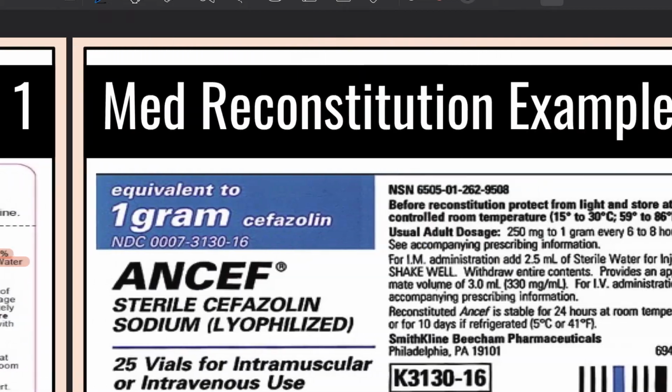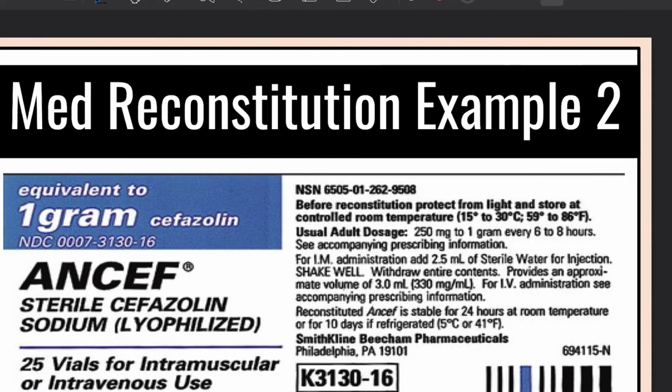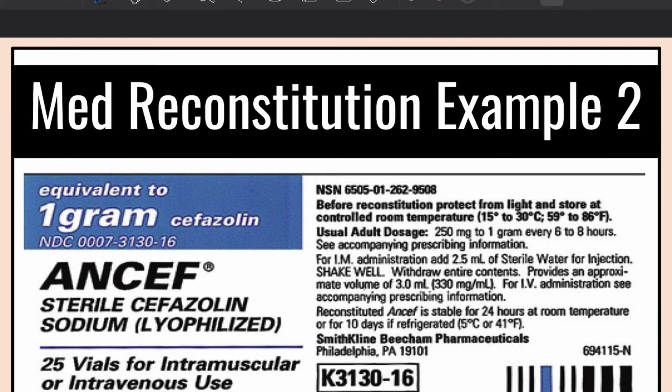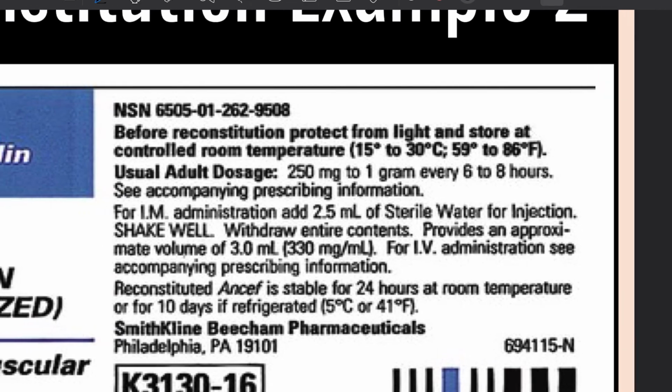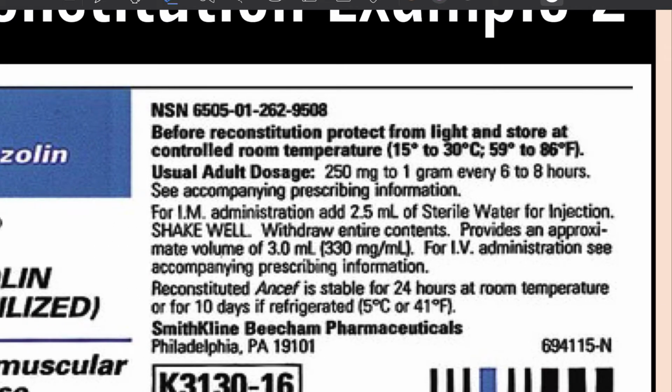All right, let's look at our next example here. Looking at Ancef, again, it's another antibiotic. Our problem is going to ask us questions about reconstituting this for IM administration. So first question, what diluent are we going to use? Well, we see right here for IM administration, add 2.5 milliliters of sterile water. There's our diluent.